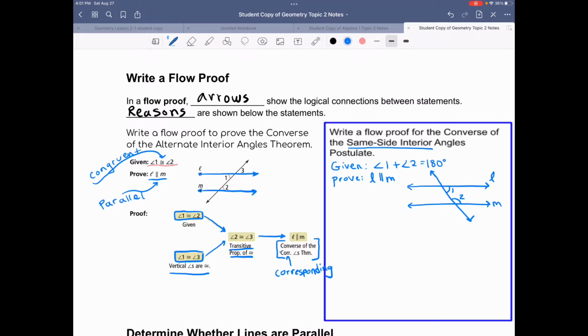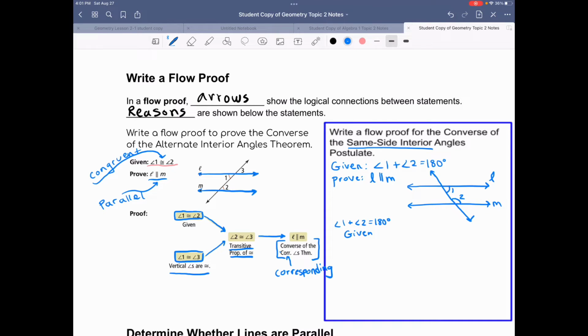All right, hopefully we have space. We have angle 1 plus angle 2 equals 180 degrees. That is given by our same side interior.